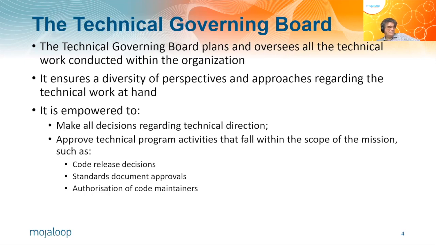And it essentially makes the decisions regarding technical direction and has the final approval for technical program activities done within the mission itself. I mean things like code release decisions, standards document approvals, and very important, the authorization of code maintainers, the people who are allowed to actually approve and make changes to the main branch of the Mojaloop product.